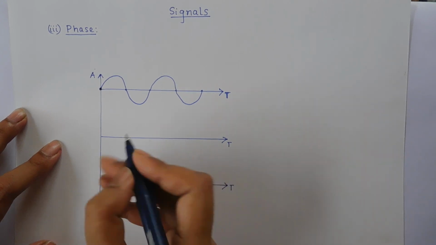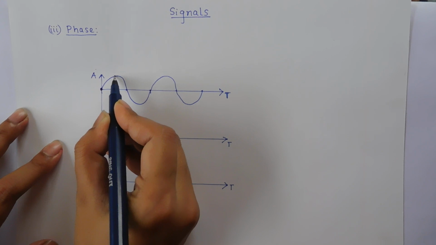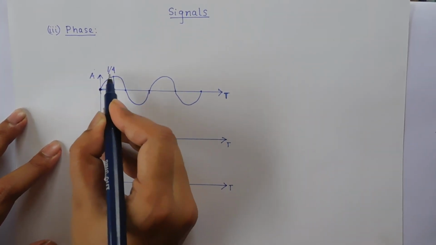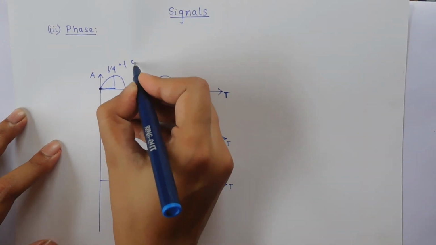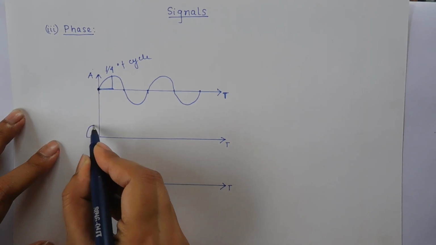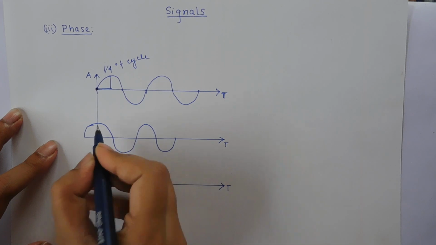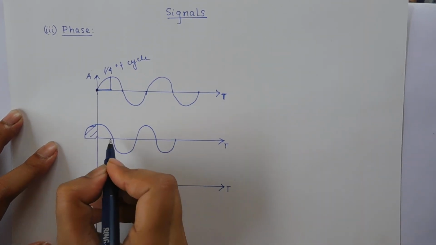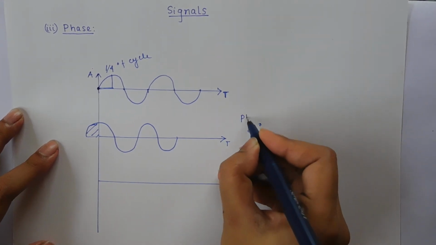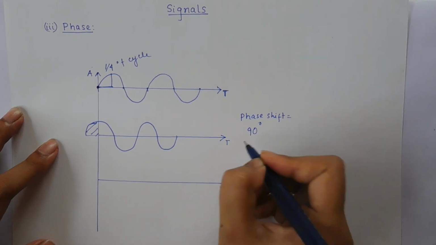Now we can say this is the total cycle. If we shift this portion, we can say 1/4 of one cycle. So we can say the phase shift is 90 degrees.